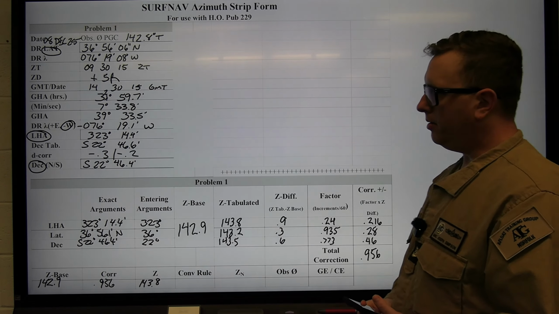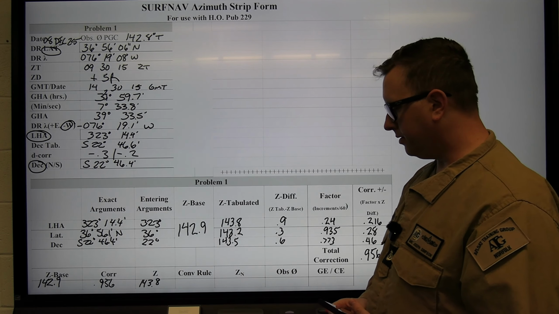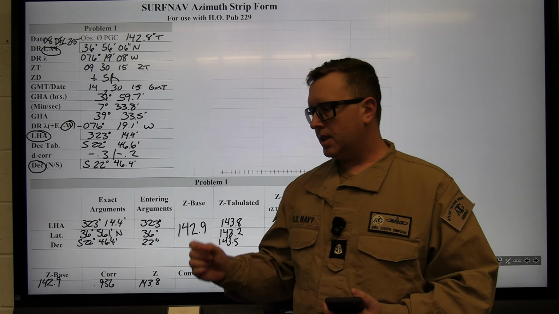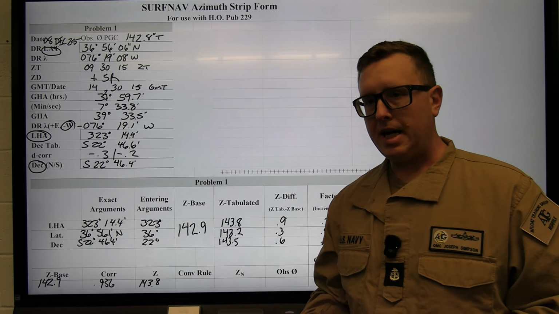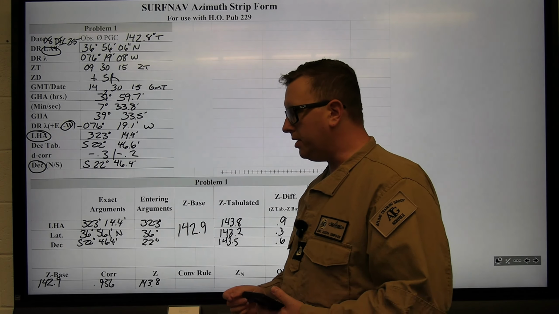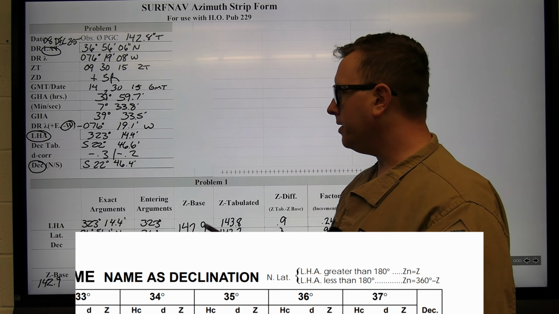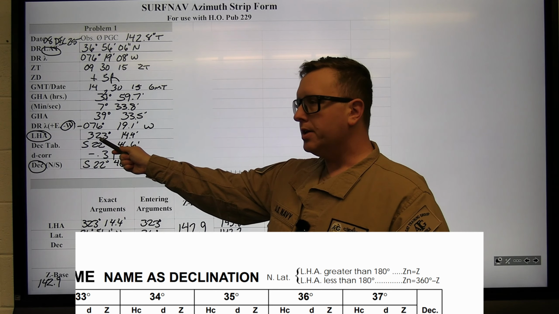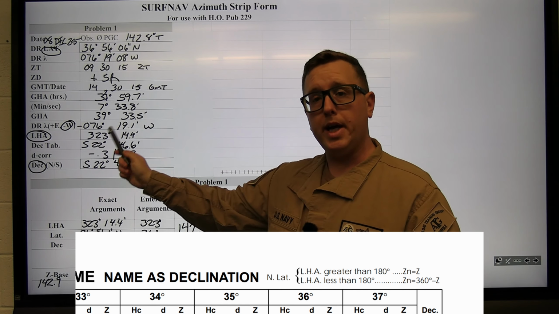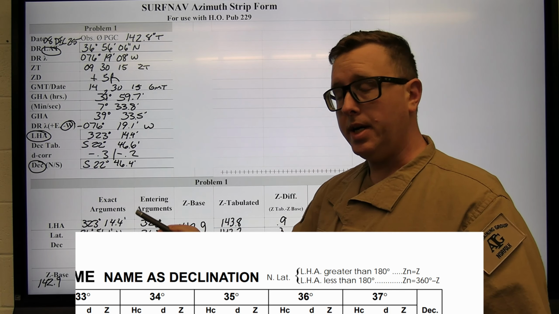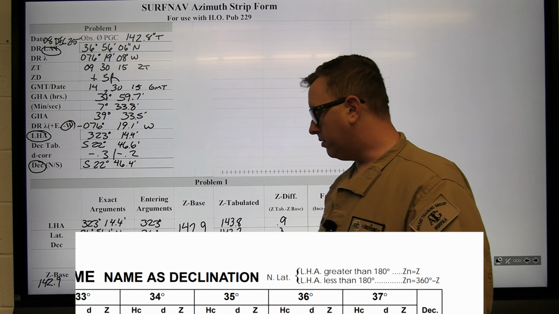All right. Now, the conversion rule. If you look at the site reduction table at the top for northern latitudes, it will tell you if your LHA is greater than 180. If your LHA is greater than 180, Z equals Zn.